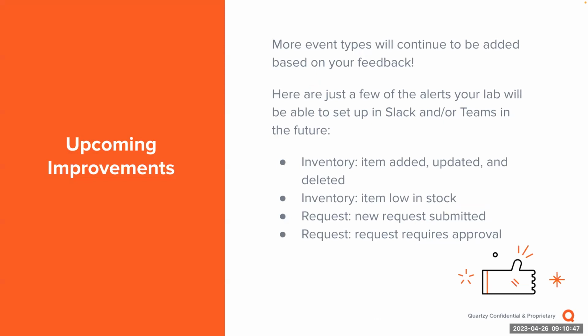When an item is running low in stock, so when it hits that minimum stock threshold, you can receive an alert for that. And then for requests, you can do one for new requests submitted, and you can receive one for when a request requires approval. So these are not available quite yet, but are coming in the upcoming future.